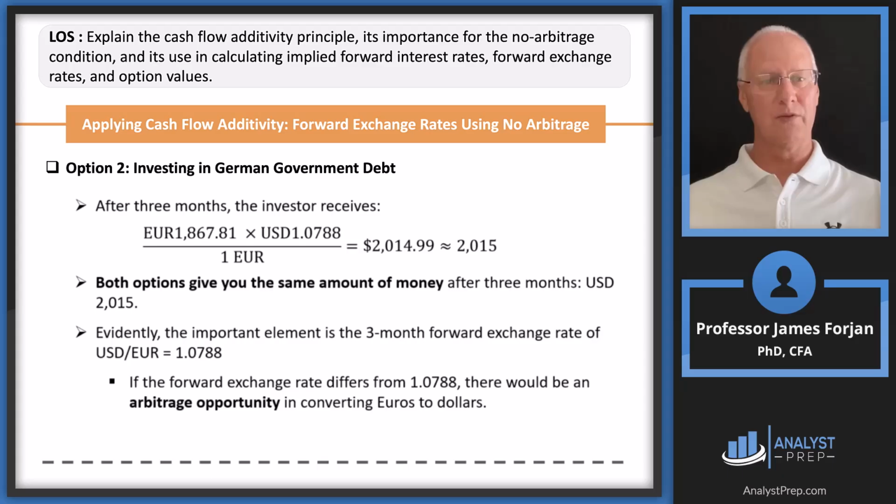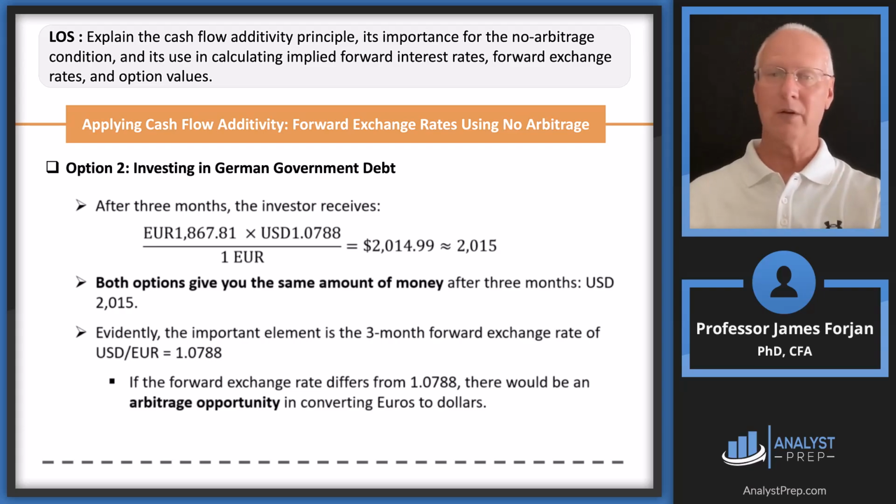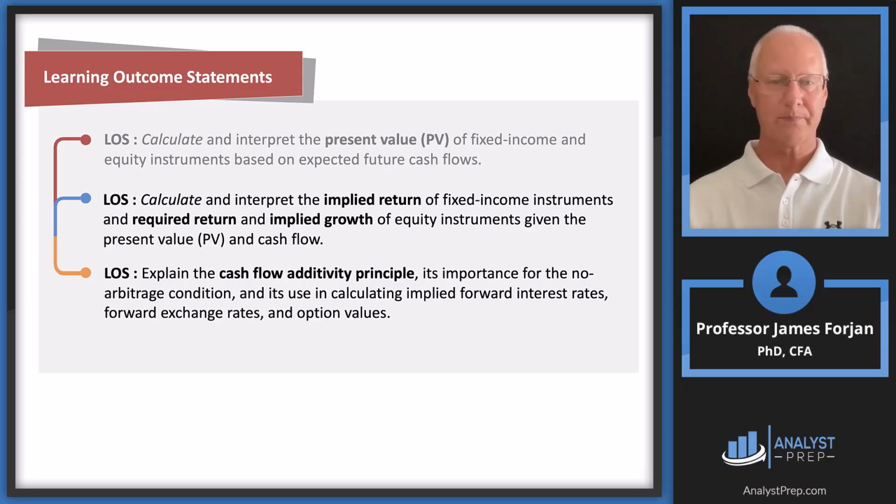So both of those choices give you the same amount of money after 3 months. So do you get the sense here that this cash flow additivity, as it applies to investment in domestic and global fixed income securities, or option pricing, is super critical?